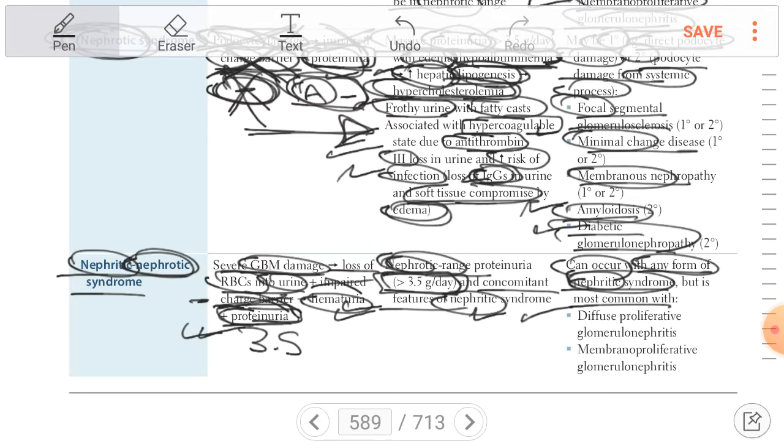Diffuse proliferative glomerulonephritis and membranoproliferative glomerulonephritis. These cause nephrotic syndrome. So it can occur in any form of nephritic syndrome, but is common with diffuse proliferative glomerulonephritis and membranoproliferative glomerulonephritis.